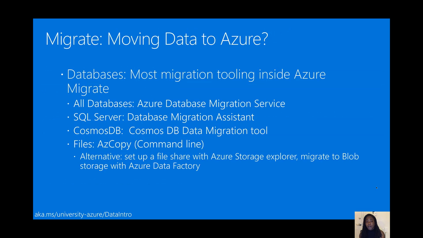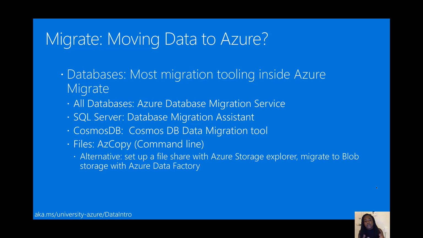Now, if you're curious about migration, which I've talked about a lot, there are a few options for you. For databases, most of these are going to exist inside of the Azure Migrate service. It's kind of the catch-all for all migrations. If you want to migrate any database that you might have, you'll want to check out Azure Database Migration Service.